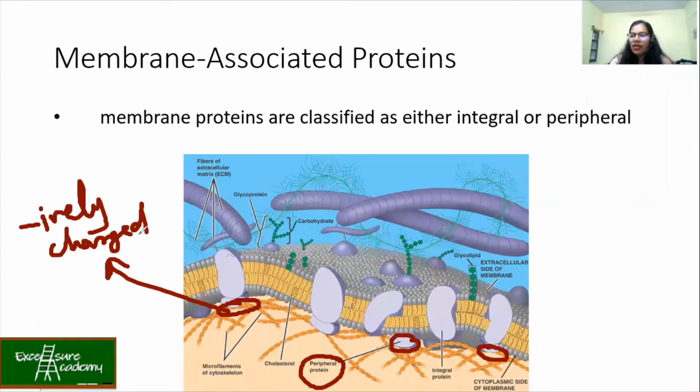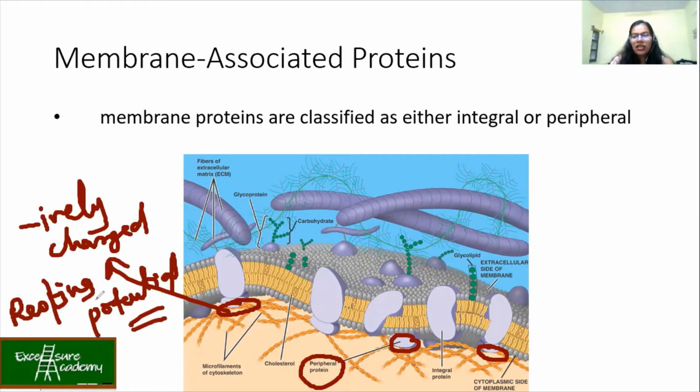Okay. Now, what is the significance of having this negative charge? So that they can maintain the potential of the membrane. You must have heard about the resting potential, right? Now, can anyone tell me what is the resting potential of a membrane?